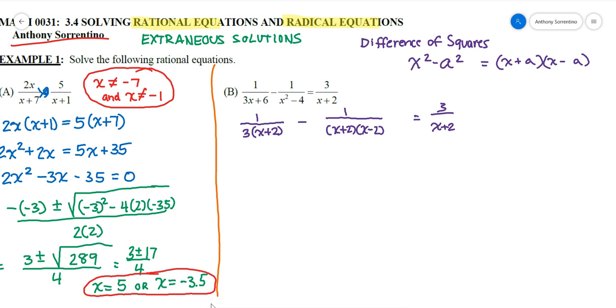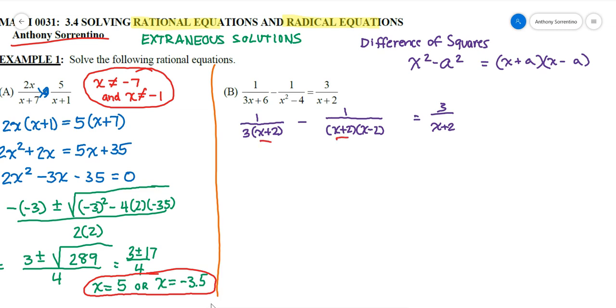For me to get the left-hand side to be something I can make into a single fraction, I'm going to need to be able to carry through that subtraction. For me to carry through the subtraction, I need a common denominator. So when I look at this, both denominators have an x plus 2 in common.